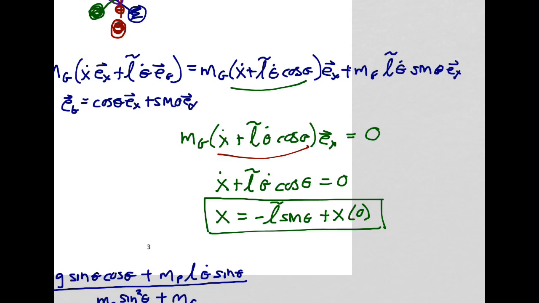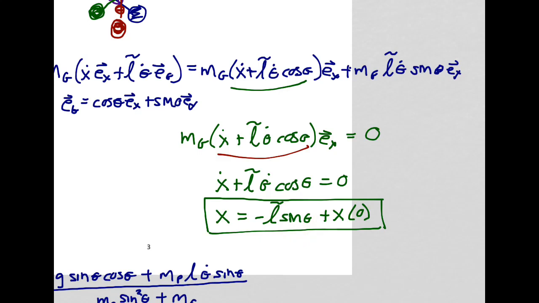And this tells us something really important. It tells us that the location of mass Q is equal to this very simple expression: minus L hat sine theta plus our initial position of this system.